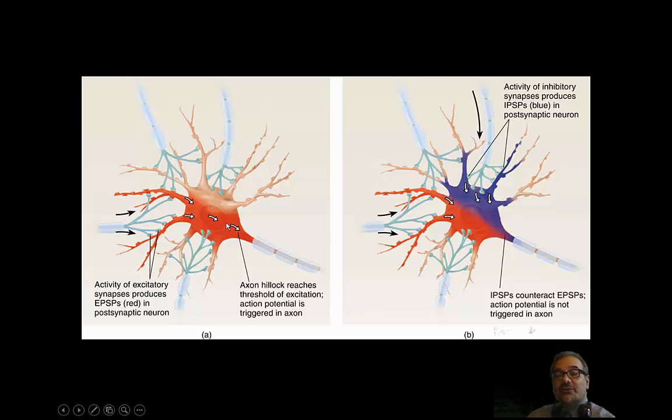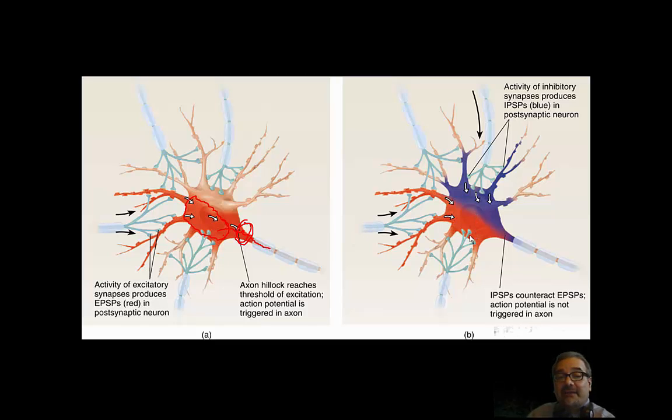This figure shows you what I was talking about in terms of EPSPs and IPSPs working against each other. So if there is activation, and red here represents excitatory postsynaptic potentials, if there is enough activation taking place all over, especially as it progresses towards the axon hillock, if there is enough excitation to trigger an action potential, you have a message sent down.